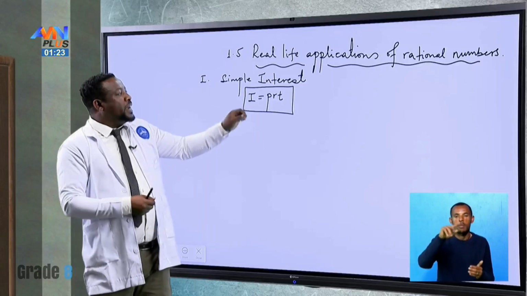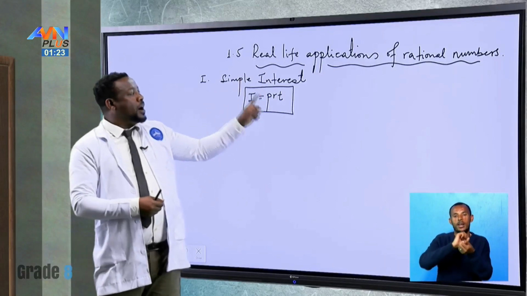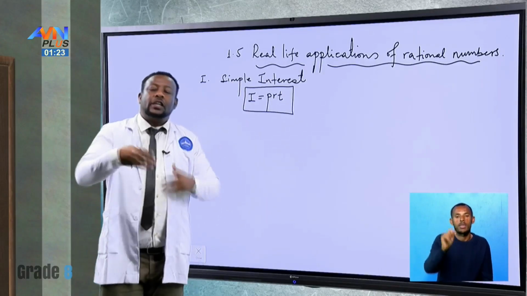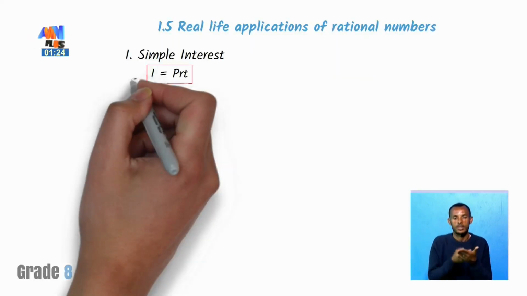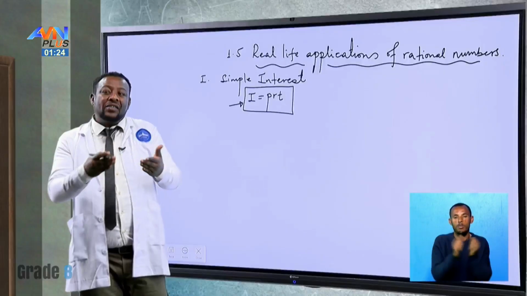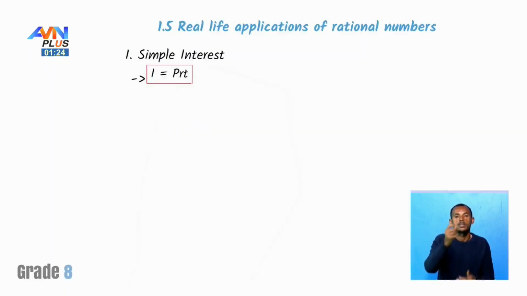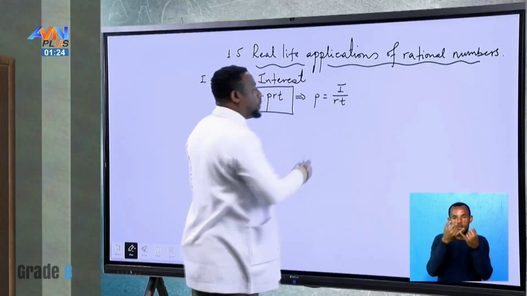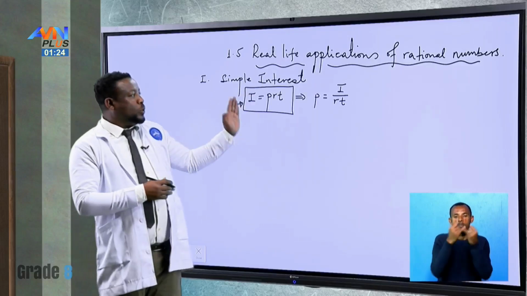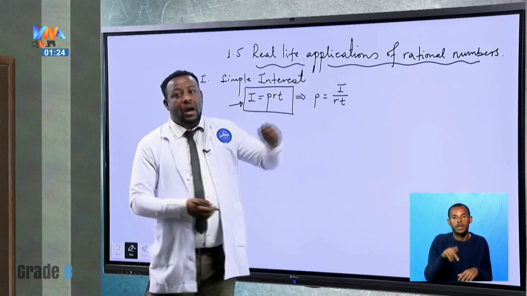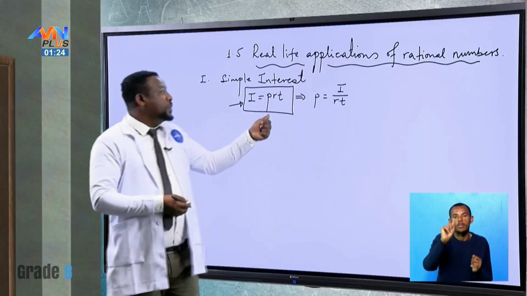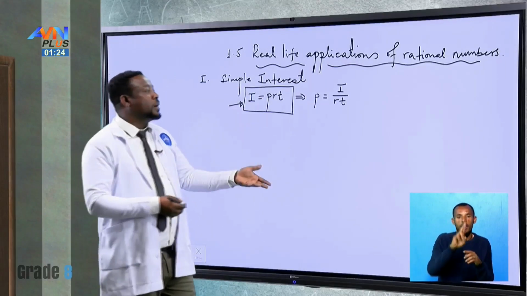Now, we can rearrange P, R, and T, one in terms of the other, in this way. If you take this equation and divide both sides by R and T, the result gives us P is equal to I over R times T, okay? Divide this equation both sides by RT, and the principal will be I over RT. You can also express the rate in terms of the other parameters.